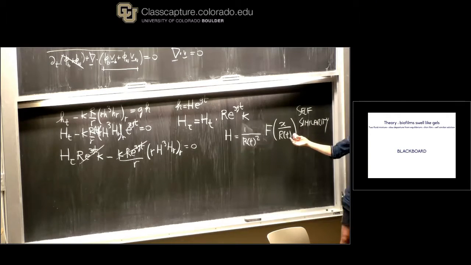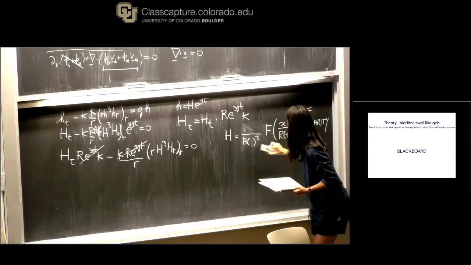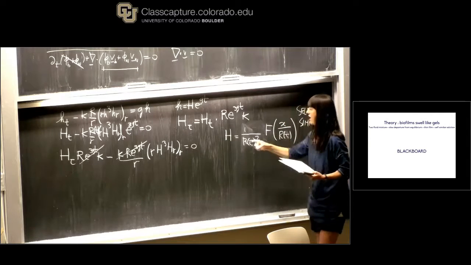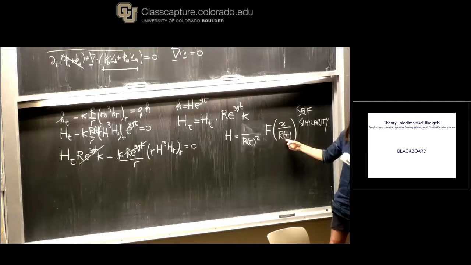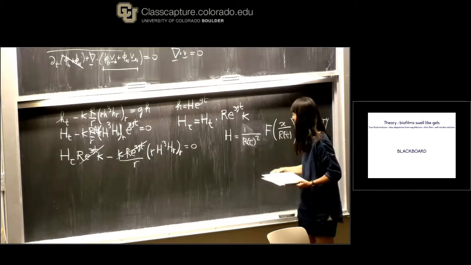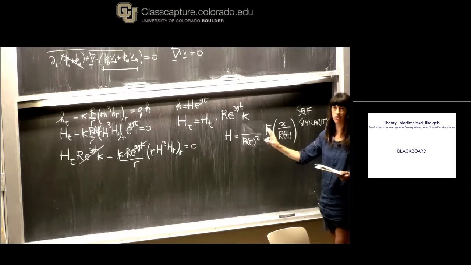So you're assuming that your H does not depend on R and tau separately, but in this combined way. Sorry, this is tau now. And let's see if we can solve it. And if we can, then let's see if it's reasonable. By the way, you have to assume that this is R squared just by mass conservation.